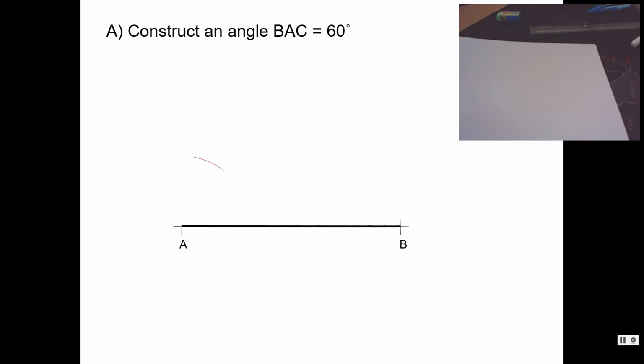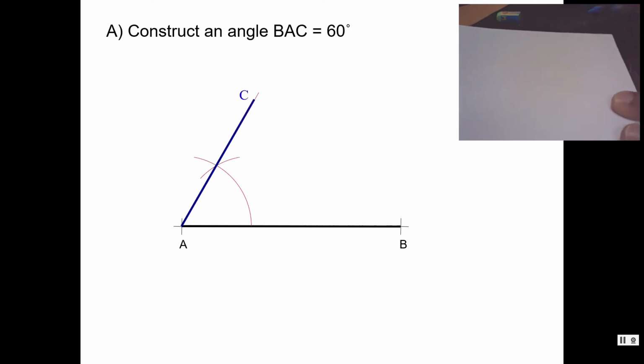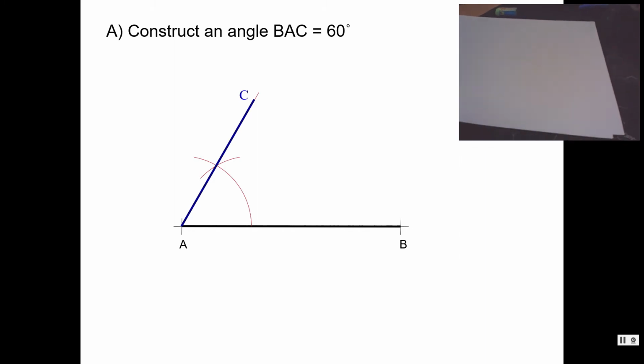Okay, so again you have AB line. What we need to do is draw a circle at A and B, and then another circle there. Then this is 60 degree. I'm going to show you how to do it.